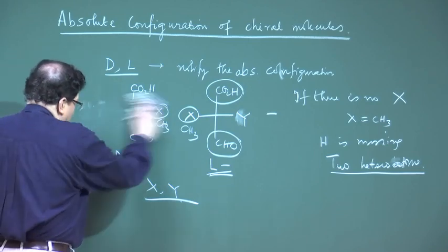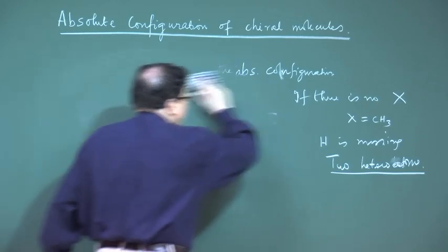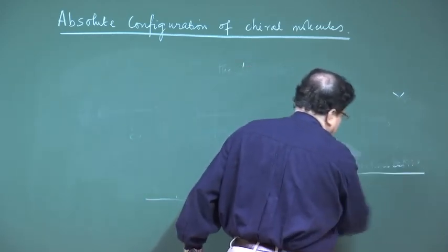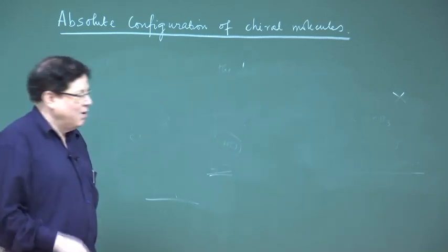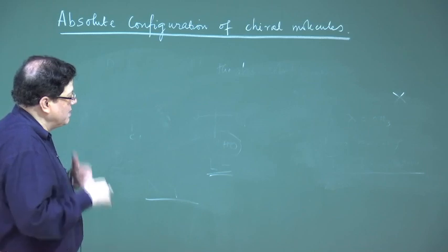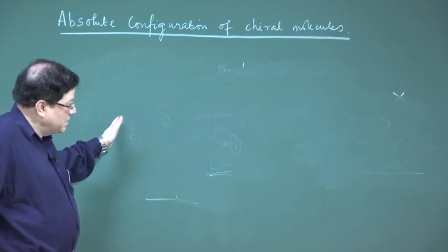Okay. So, the next system was developed and accepted by the International Union of Pure and Applied Chemistry. IUPAC is the organization which provides all the rules on how to name a compound and how to name a stereochemical compound.